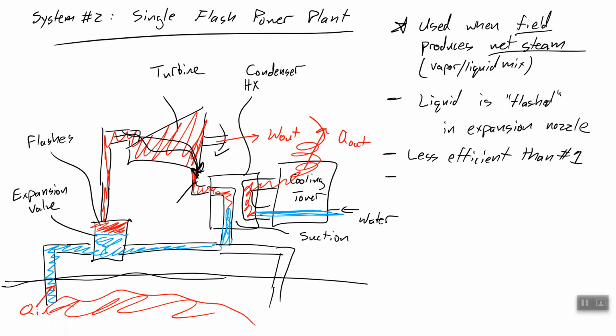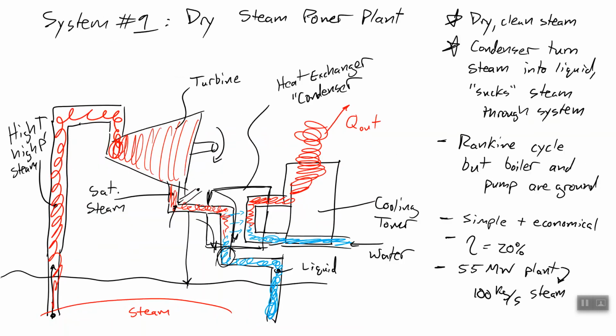It's also a little bit more costly and requires a little bit more steam, but nonetheless used because having the ideal resource for system one, this perfect steam, is very hard to come by.